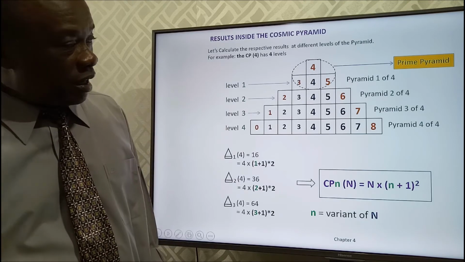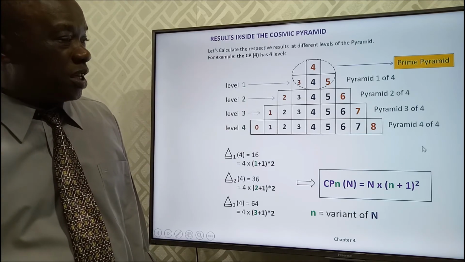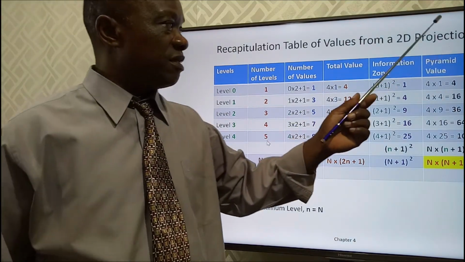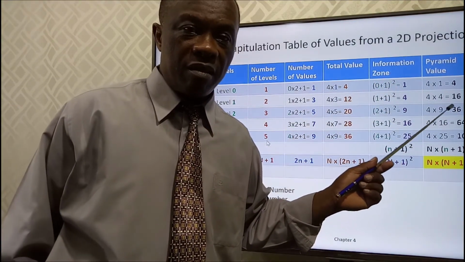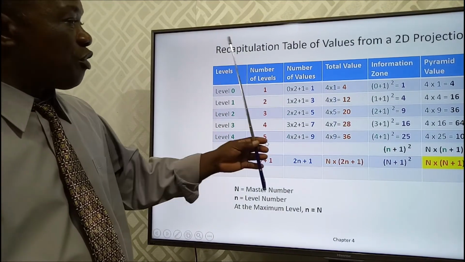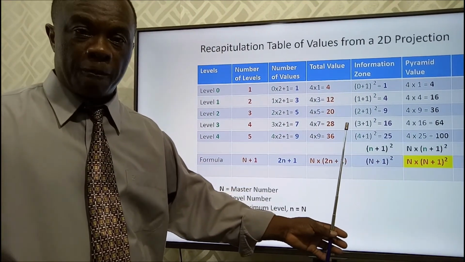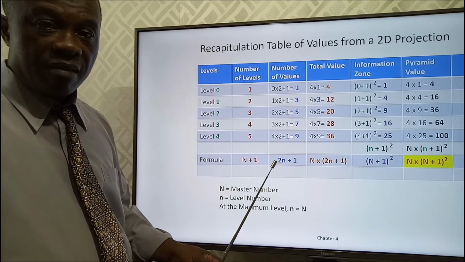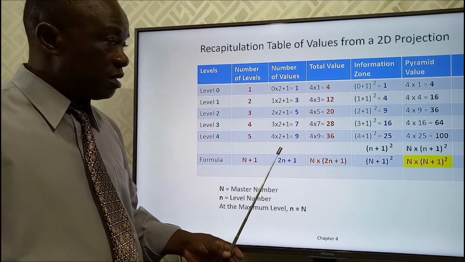And then as a recapitulation of all these values that we have studied, I will show you this table. This table recapitulates everything we have studied in the projection, in two-dimension projection of a number. It's very simple.